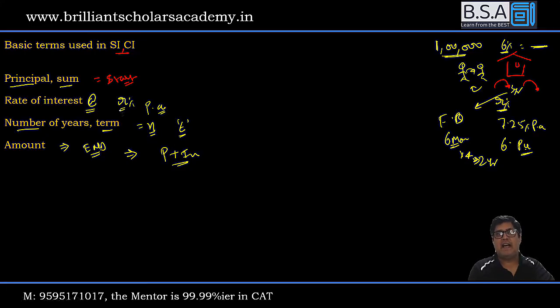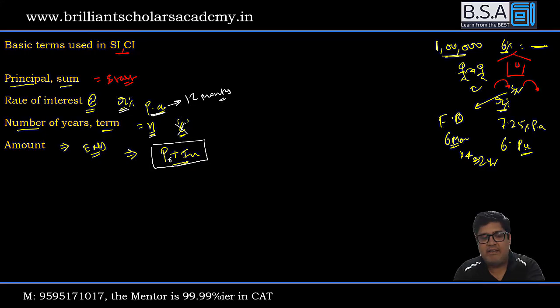They are defined as R percentage per annum. Per annum stands for 12 months. Now the number of years or number of terms is N. Stop using the variable T, it confuses people. Amount is the money you receive at the end or the money you have to pay at the end. So it is principal plus interest, that is the amount.